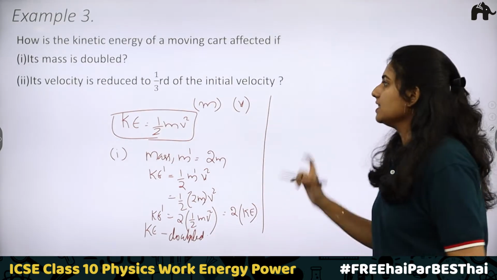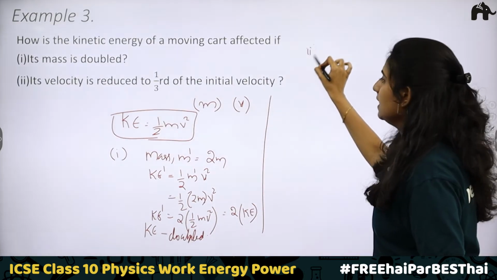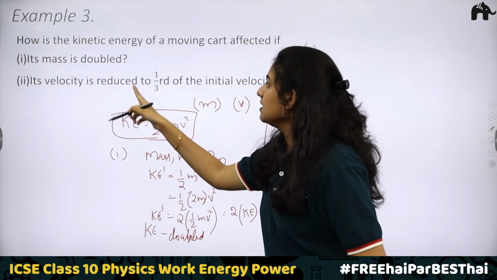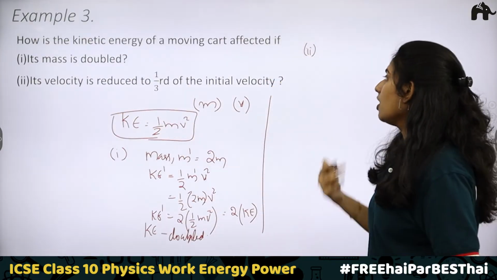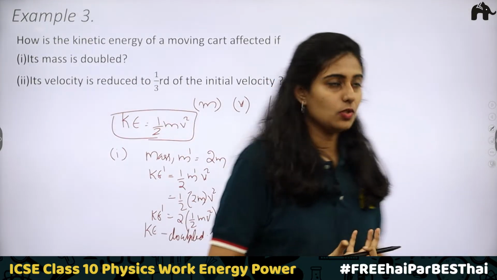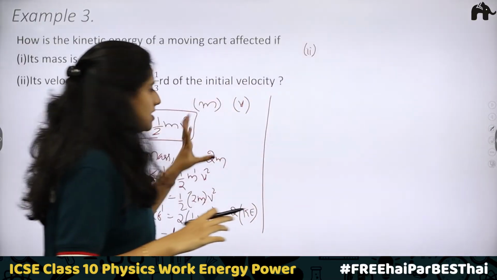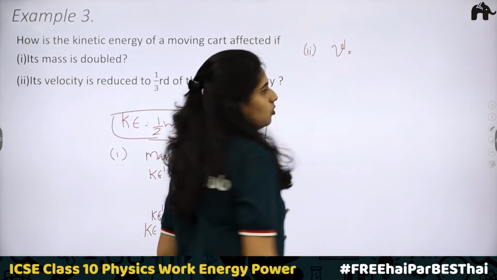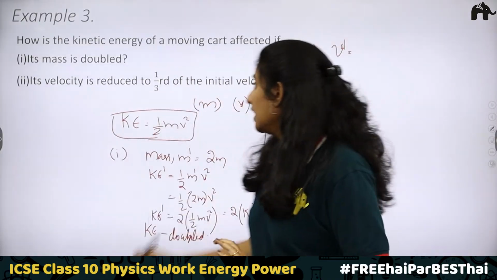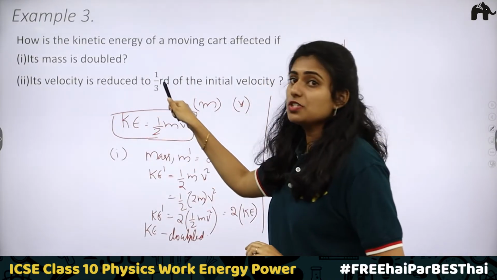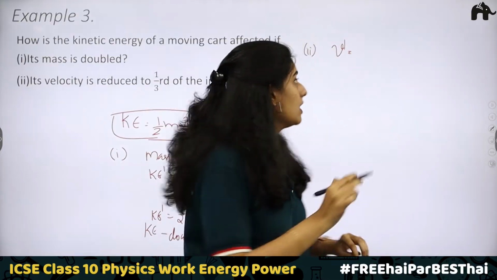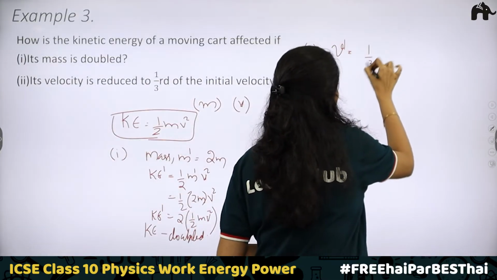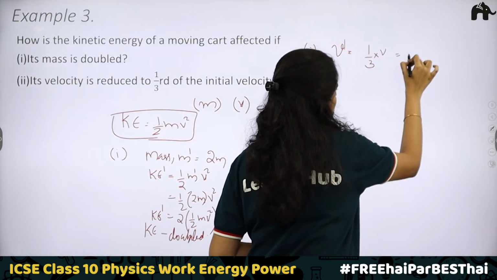Okay, now take the second case. In the second case, what happens? Its velocity is reduced to 1/3 of its initial velocity. Okay, let us say the initial velocity is v. The new velocity. What is the new velocity? Its velocity is reduced to 1/3, which means 1/3 of the original velocity, that is v by 3.